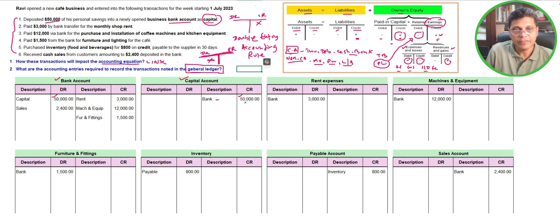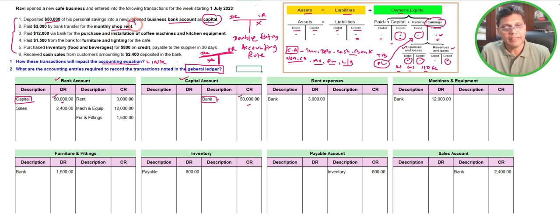This amount was debited in the bank account, so the bank name has to be specified here. And this amount is credited in the capital account, so the capital account name should be specified here. This is how the double entry accounting system works. You debit the bank account and you credit the capital account. First one. Second one, paid $3,000 by bank transfer for the monthly shop rent.